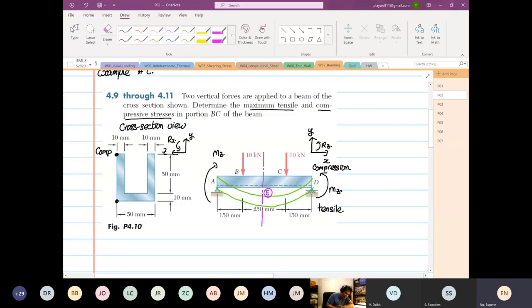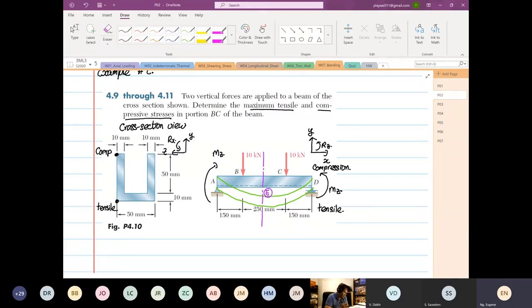Over here, the bottom part, this will be in tensile. Next, we need to find what is the moment at point E.